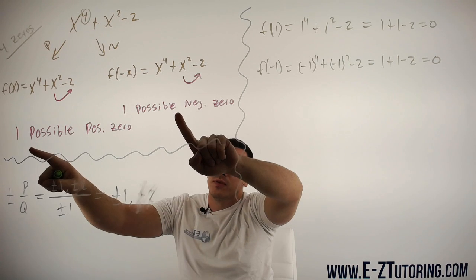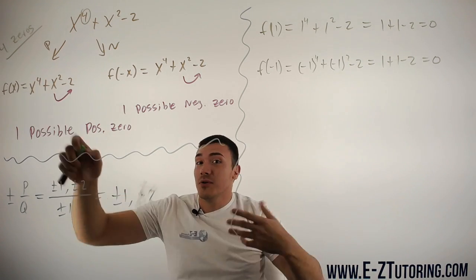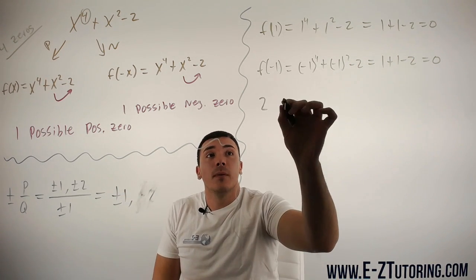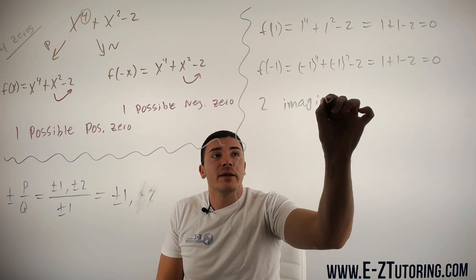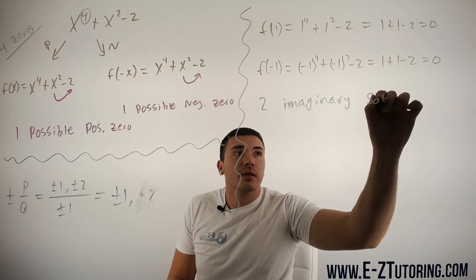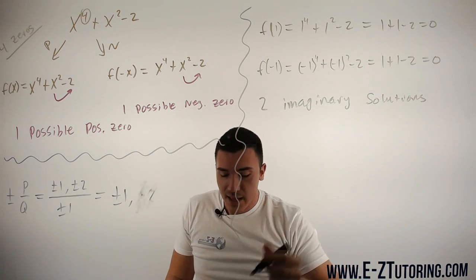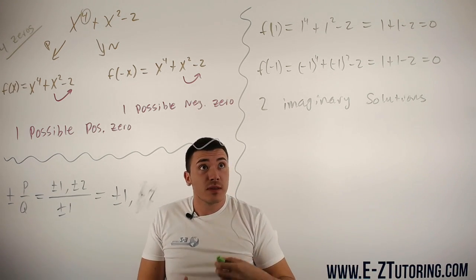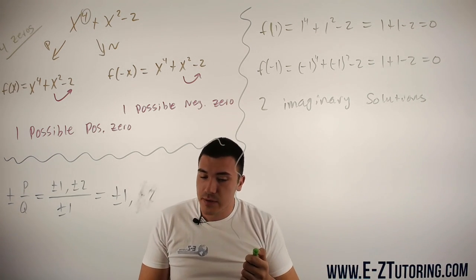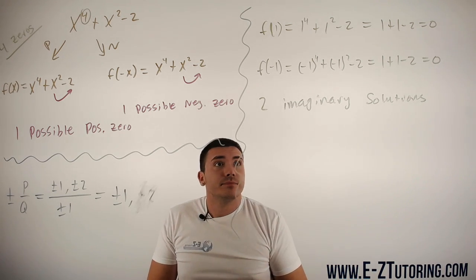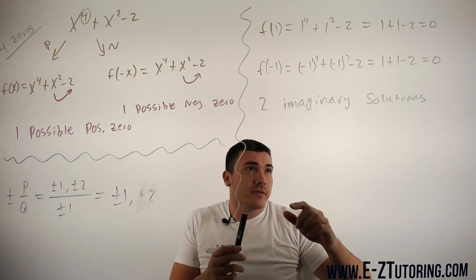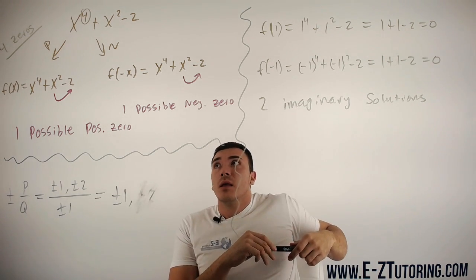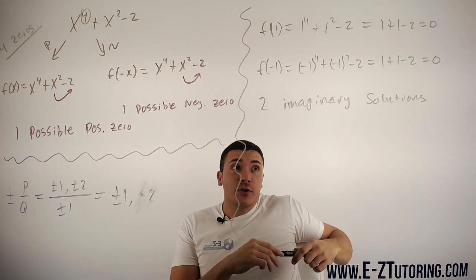So if we only have 2 zeros, and there are 4 zeros total, that means that there are going to be 2 imaginary zeros. Now, this question doesn't ask us to find the imaginary zeros, it only asks us to find the rational zeros.